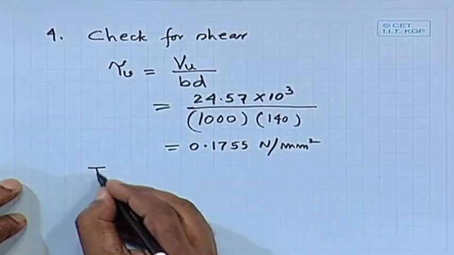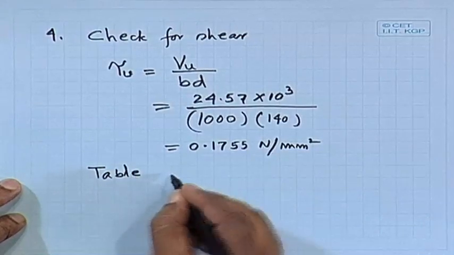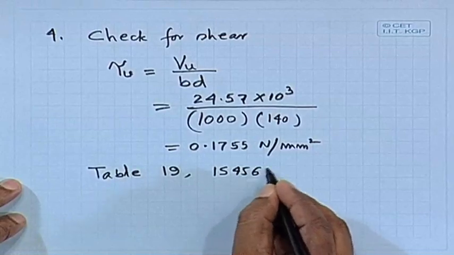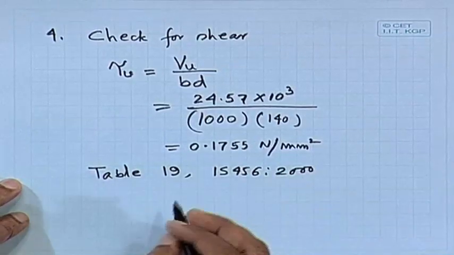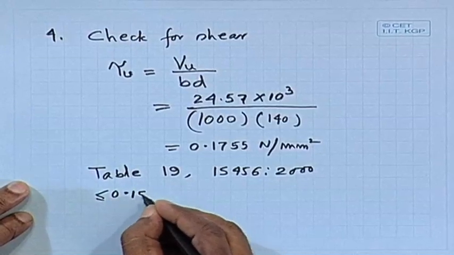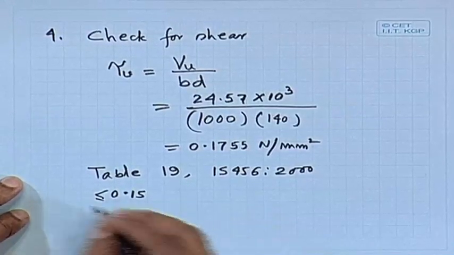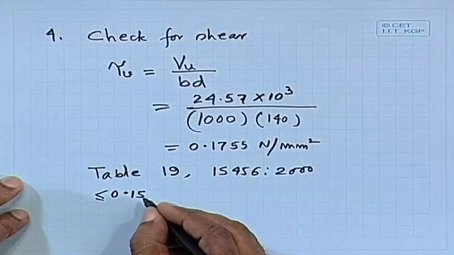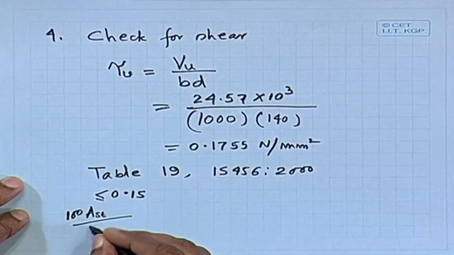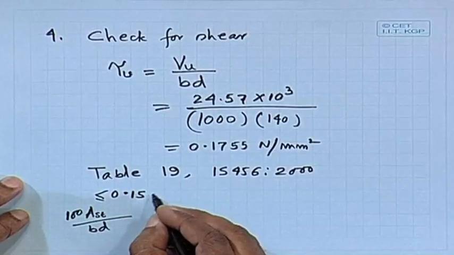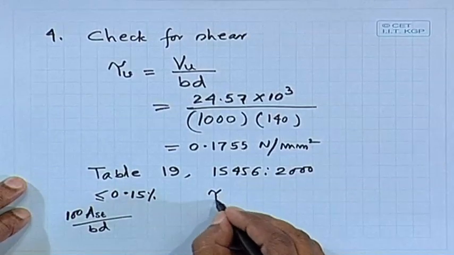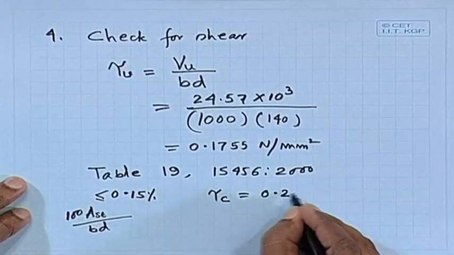Table 19, IS 456 2000, gives for less than or equal to 0.15, that is 100 Ast by b d, for this 0.15% we get tau c equal to 0.28.